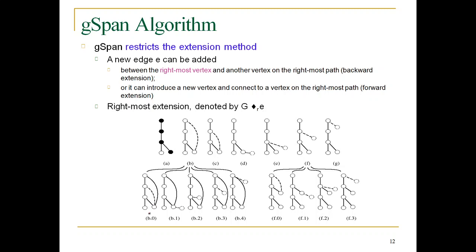It can be represented in the formation of this node or this particular node, or you may extend over here, or over here, or over here. Then coming to C and D, similarly you can see the right paths are being extended with the forward as well as backward extensions.